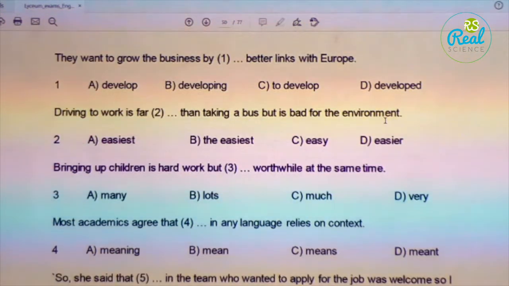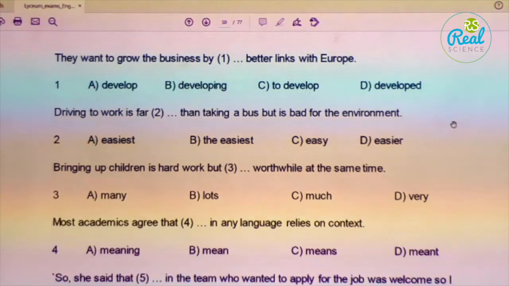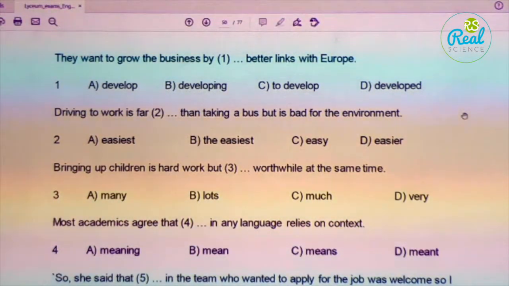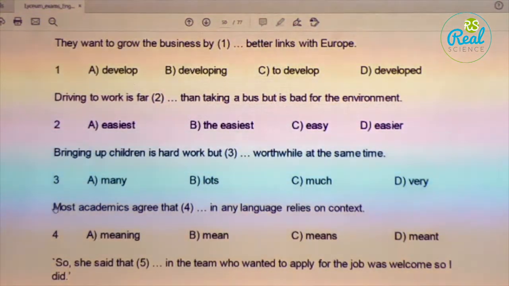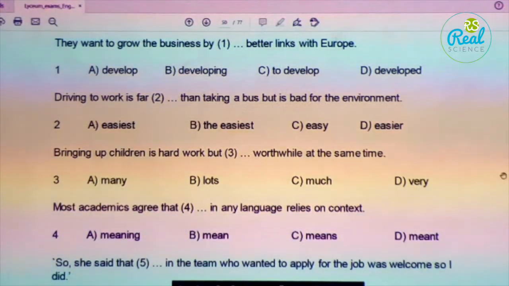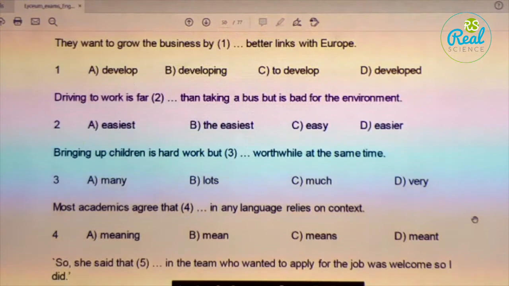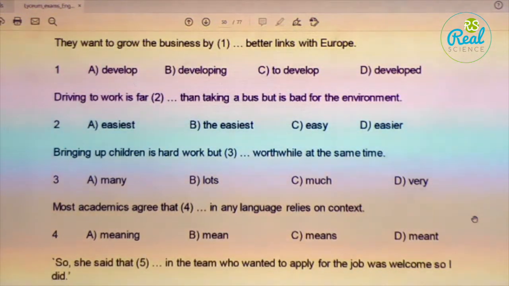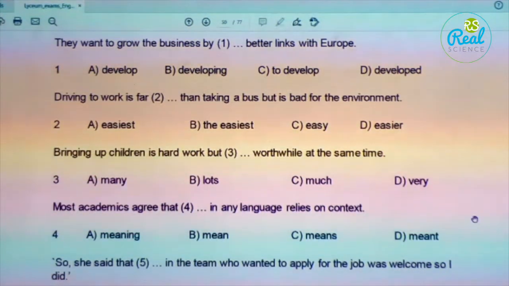Again, we will do the tests together today. If you are ready, we will start. I will give you some time to read from the first till the fourth, and we'll check together. Start. Visible? Yes. Nice.